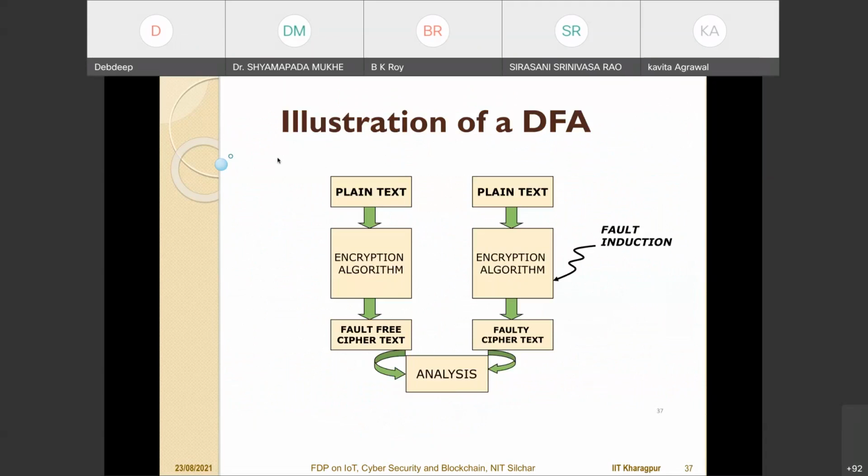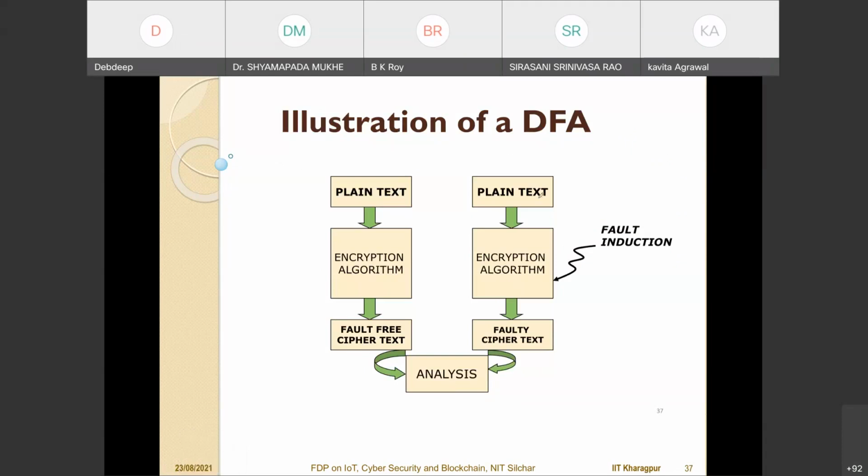So this brings me to the next part of my talk, which is essentially a fault attack, trying to stress why fault tolerance is so important in the context of cryptography. These attack vectors are abbreviated as DFA, or differential fault attacks.